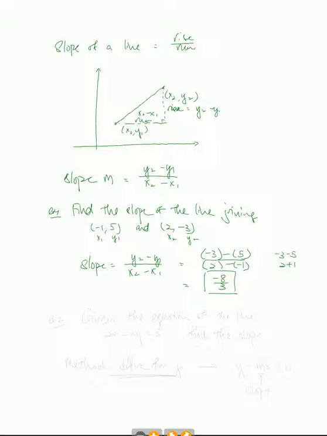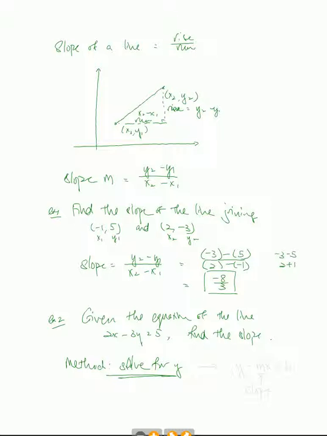What are the other ways of finding the slope if you are given the equation of a line? Given the equation of the line, say 2x minus 3y equals 5, can you find the slope? That's the second way we can ask you for the slope, and the method to do that is to solve for y.